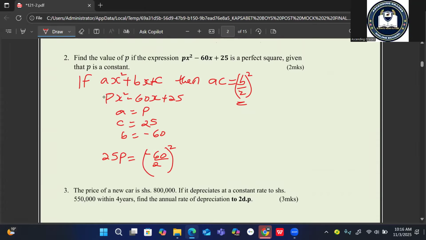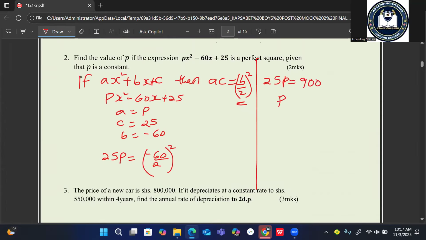So we'll have negative 60 divided by 2 then squared, we'll have 25P is equal to 900.